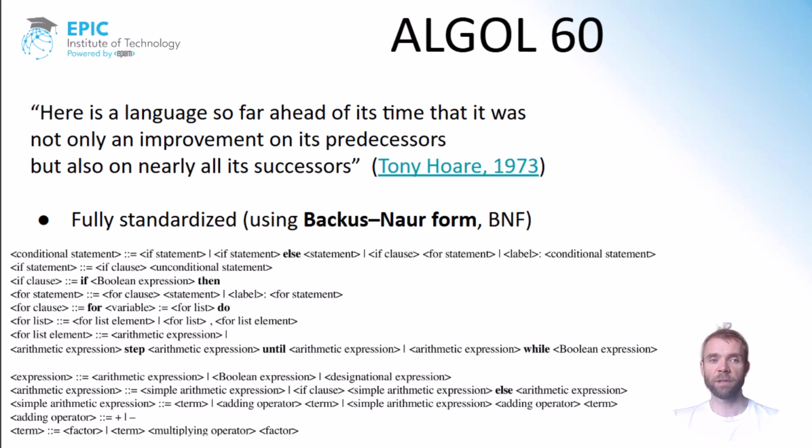So being fully standardized, ALGOL gained much traction because before that, like the previous versions of ALGOL, for instance, the very first that appeared in 1958, it was not as extensively standardized. And thus there existed some dialects, some misunderstandings of what exactly is possible to write in a language and what is impossible.